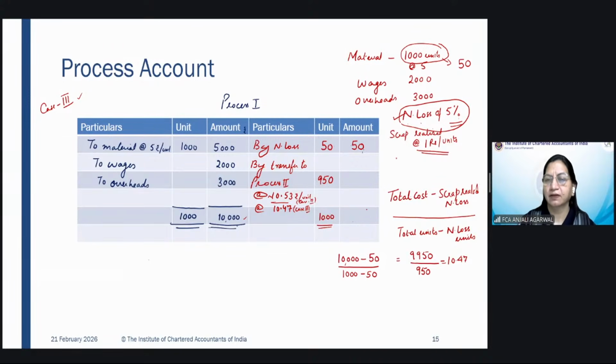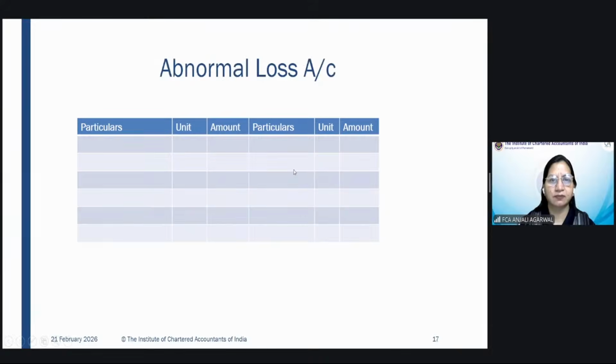if we say transfer to next process, another extra information is given, which is transfer to next process. If transfer to next process is given, I'll take another slide on this.